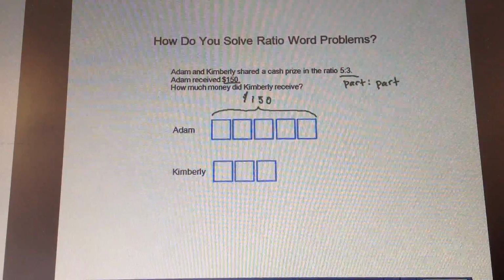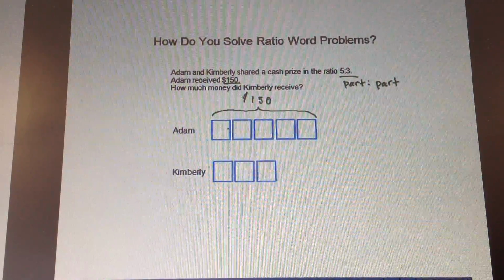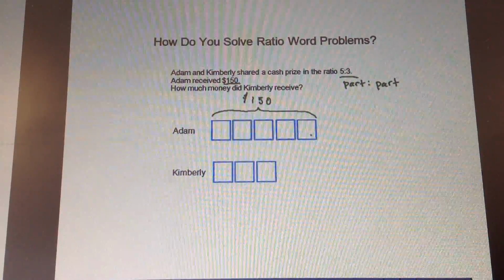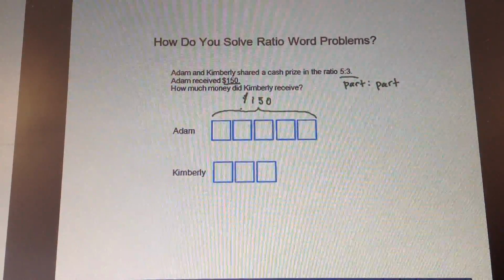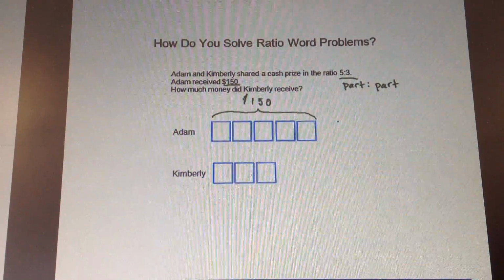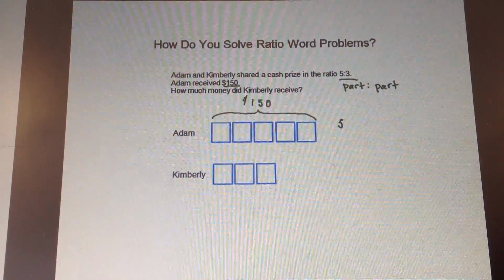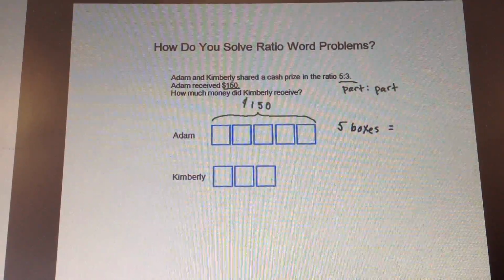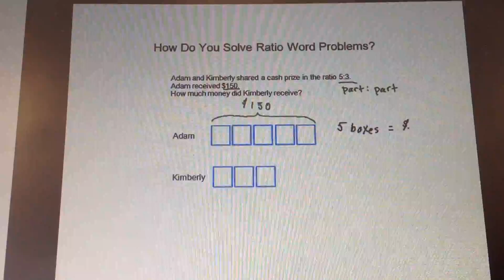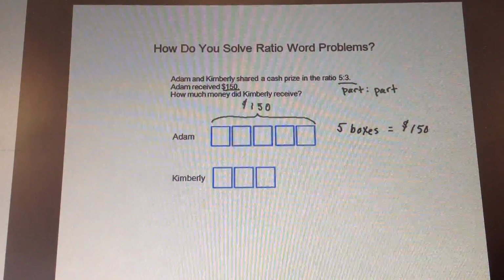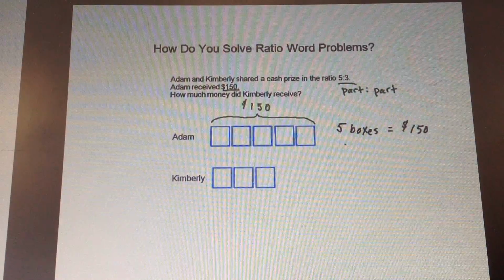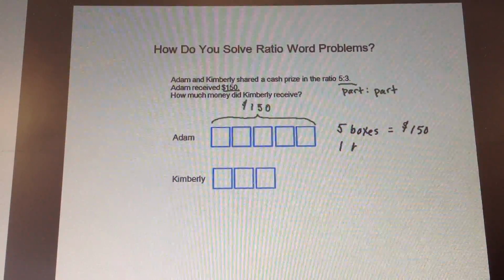So I have a relationship between the number of boxes that I drew for Adam's share of the money and the actual money he received. So we can say 5 boxes must equal $150. If we know that 5 boxes equal $150, what must 1 box equal?